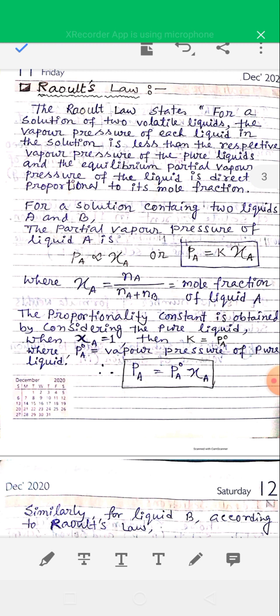This point you have to remember, that the vapor pressure of any liquid in solution is always less than the vapor pressure of pure liquid.